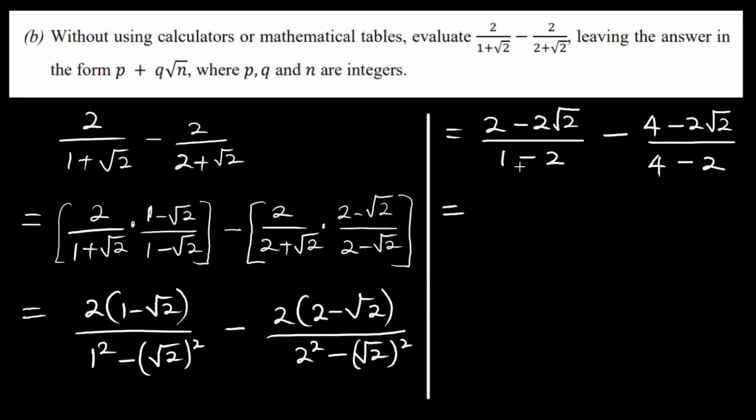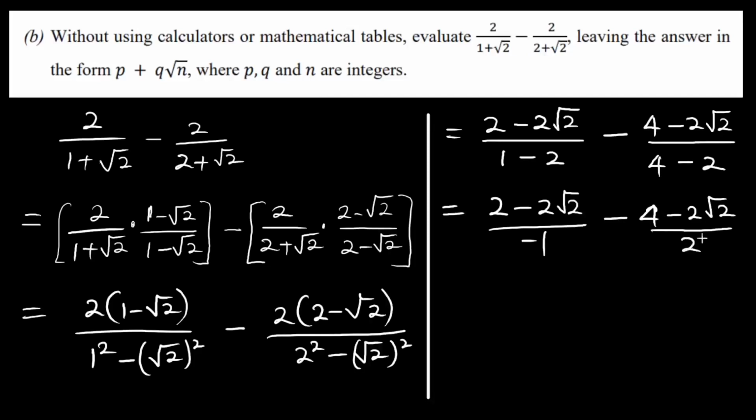Okay, so we are going to simplify this to have (2 minus 2 root 2) all over 1 minus 2, which is -1, minus (4 minus 2 root 2) all over 4 minus 2, which is 2. So I'm going to simplify this, using the concept of like fractions that I explained earlier in question 1.